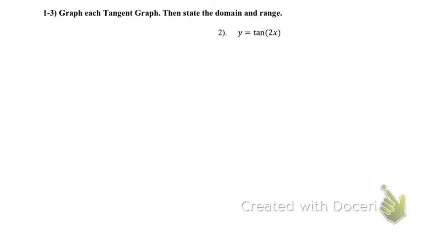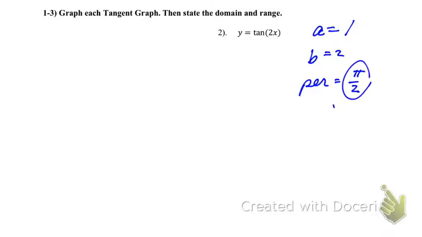Now remember, you can pause this video, rewind, all that good stuff to help you if I'm going too fast for you. I apologize if I am, trying not to. All right, y equals tangent of 2x. So here we have an a of 1, which is the normal. But our b value here is 2, which means what will happen to our period? It will be pi over 2. Again, that's the total distance between our asymptotes.